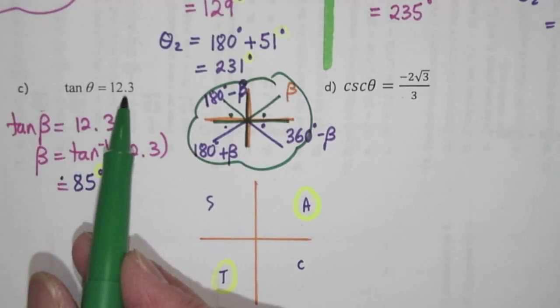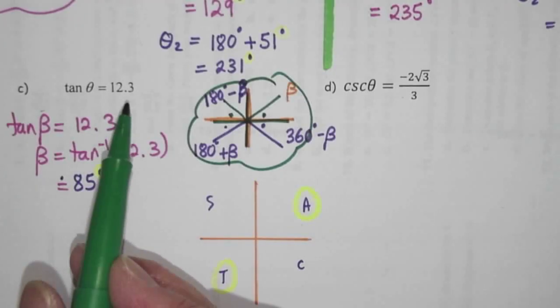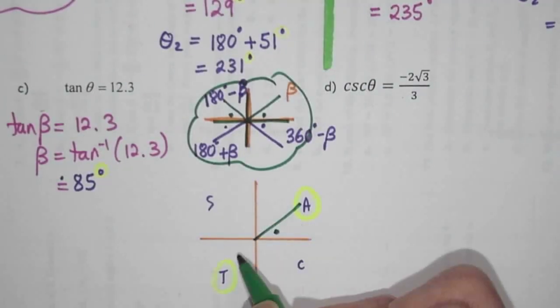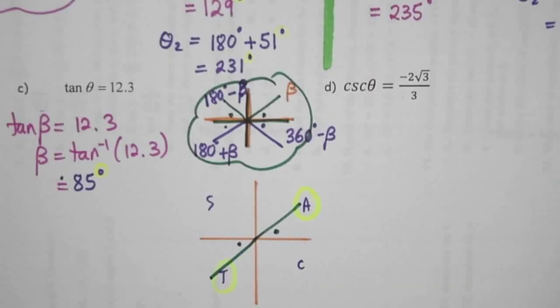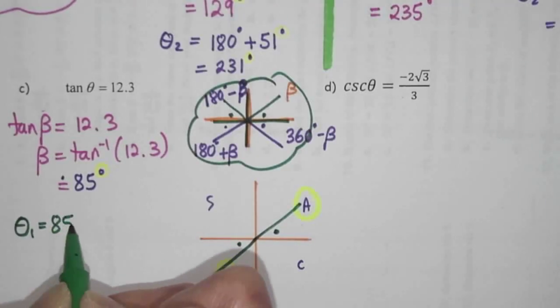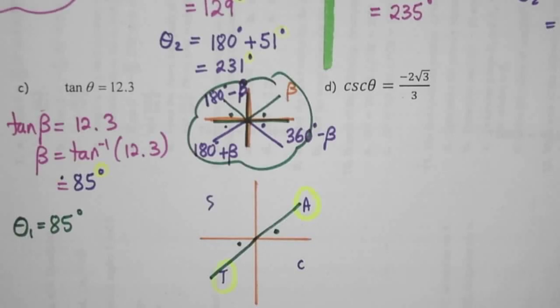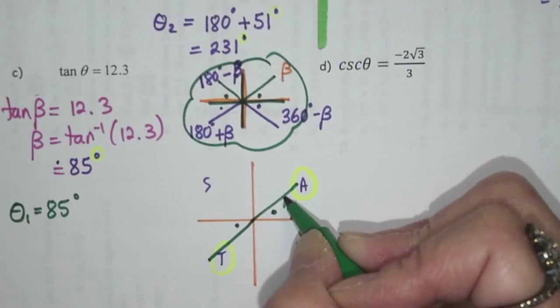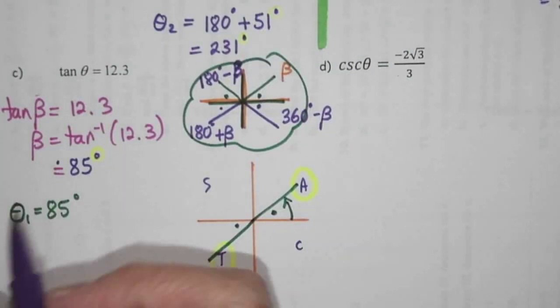If the tan ratio is positive, if the opposite over adjacent is positive, that means the dot is here or here. If the dot is in the first quadrant, then it is whatever it is. So then theta 1 is just 85. Done, because it's in the first quadrant. Is that okay? So that's my first one. Easy. That's always nice when it's positive.